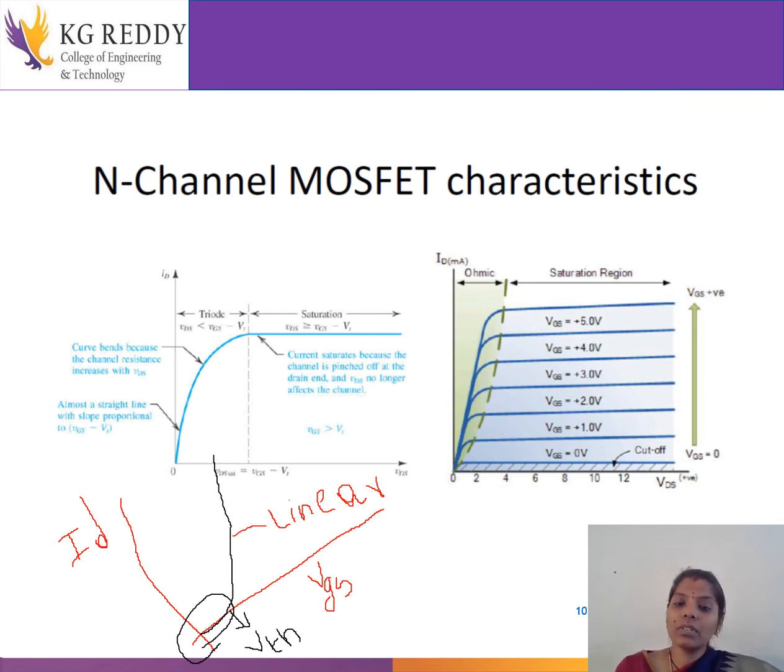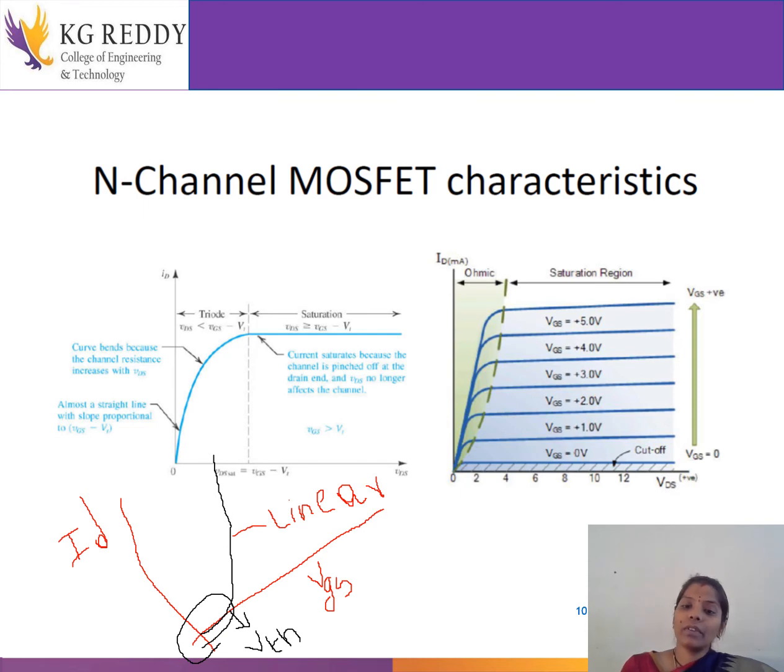Now here you can see the saturation region. Saturation region means what? Here we are varying the gate voltage, taking different gate voltages, and plotting the output current. The output current here is the drain current, because at the drain we take the output current.